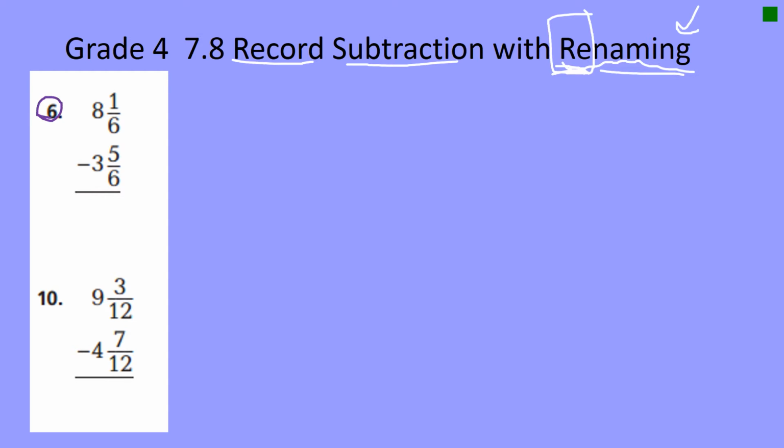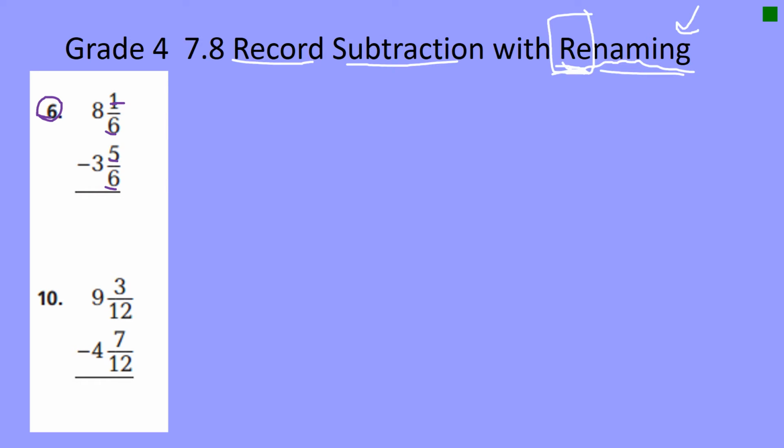Number 6, 8 and 1/6 minus 3 and 5/6. Now you know from all the great work you've been doing with fractions that if we have the same denominator, we can just jump in and subtract the numerators. 1 piece minus 5 pieces.